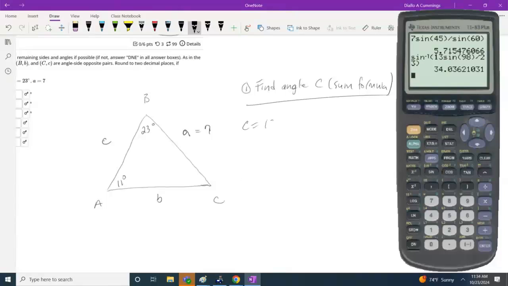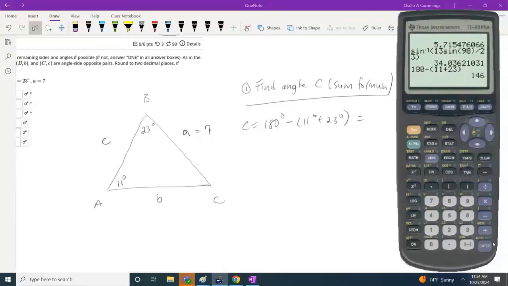So C is going to equal 180 degrees minus 11 degrees plus 23 degrees. If I put that into the calculator, we get 146 degrees. So notice that my triangle is not drawn to scale.